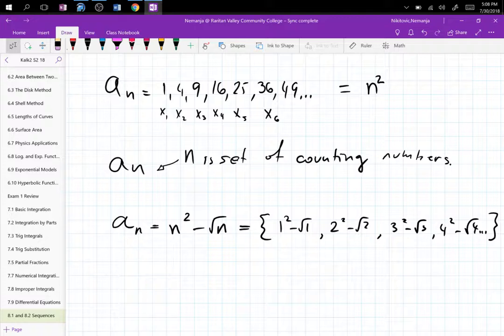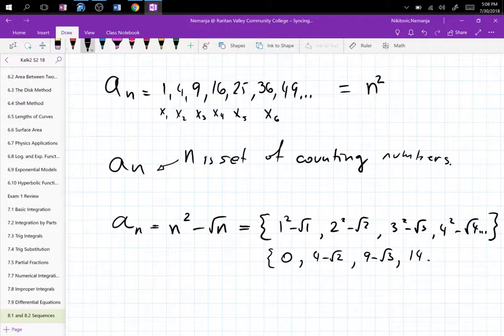Now when you compute this, you will get 0, 4 minus square root of 2, 9 minus square root of 3, 16 minus 2 is 14, dot, dot, dot, going on forever, right? Next one would be 5 squared, 25, 25 minus root 5, that would be next one.